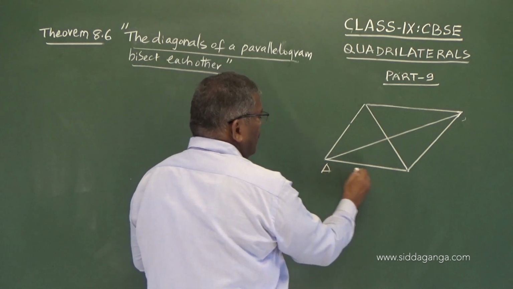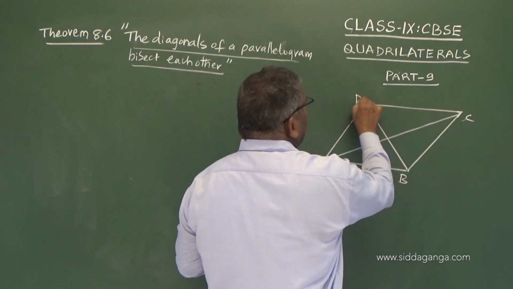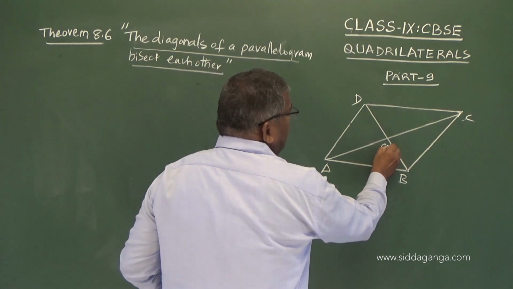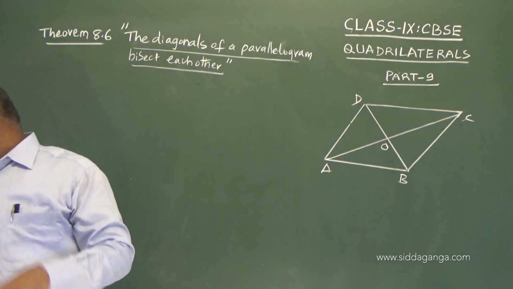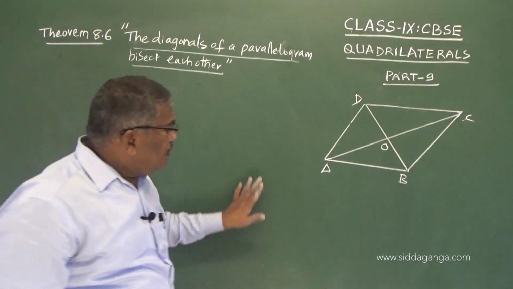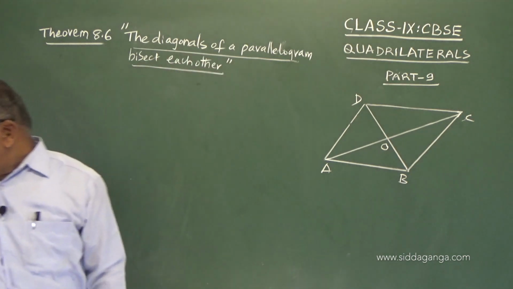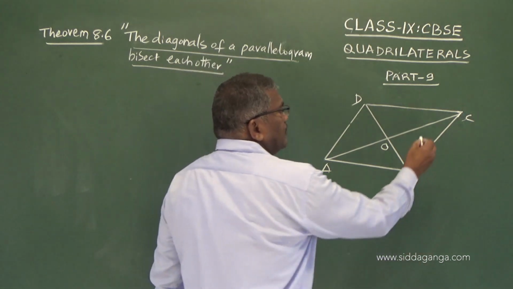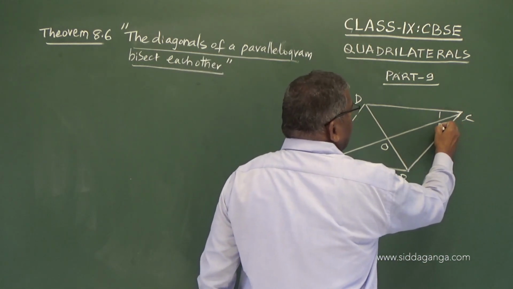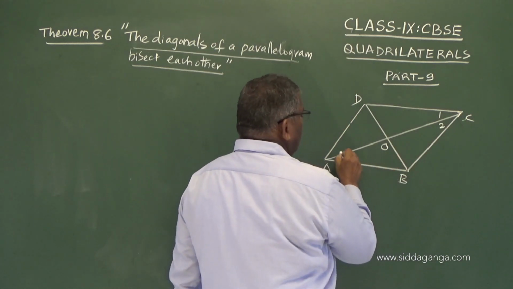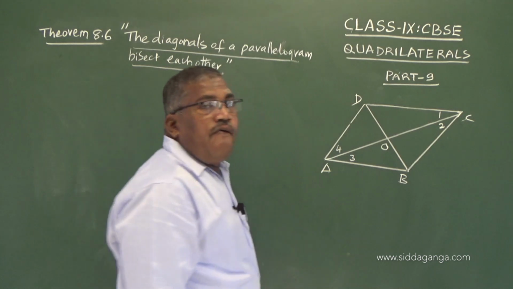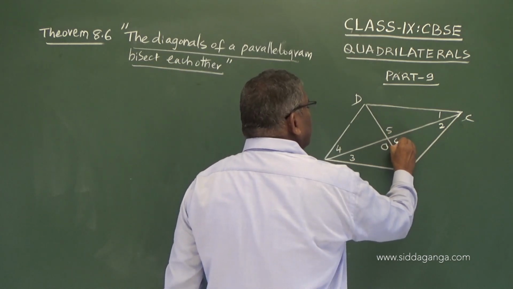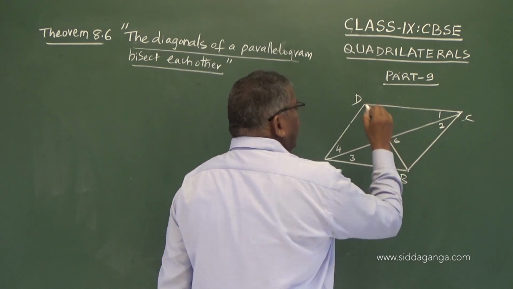So A, B, C, D. Let us name the point where they intersect O. For convenience, I will number the internal angles 1, 2, 3, 4, and 5, 6, 7, 8.